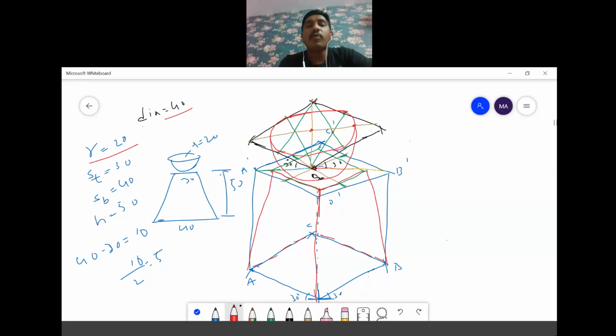From the midpoint of this circle to this edge, I'm drawing one arc like this using the compass. So it will form a hemisphere. Is it clear?